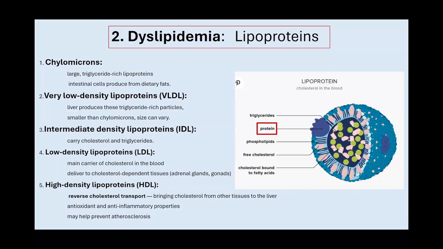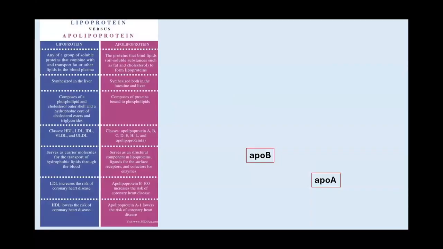Because as we know, lipids are not soluble in water. So the way it's able to be transferred around the body is by binding with a protein, and this protein is called an apoprotein.